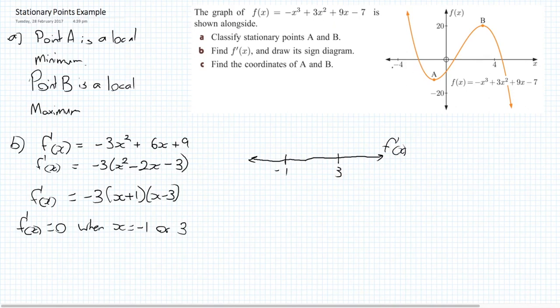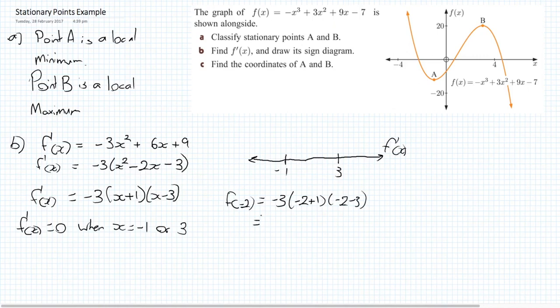So let's plug a value into this function, say -2, and see what it comes out to be. f of -2 is going to equal -3 times -2 plus 1 times -2 take 3.